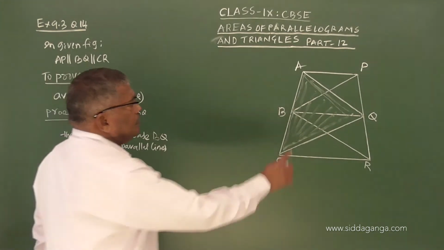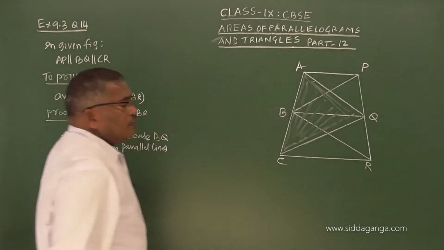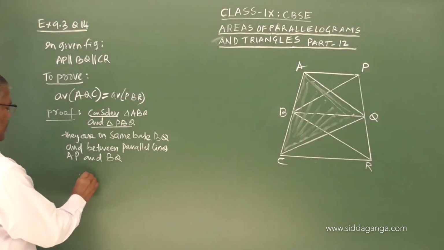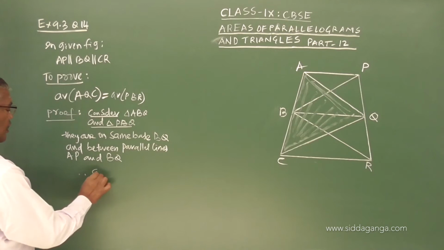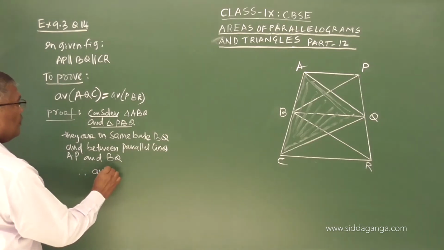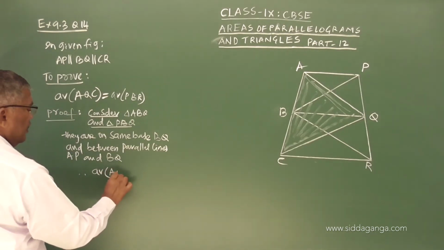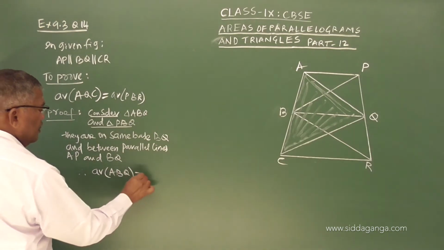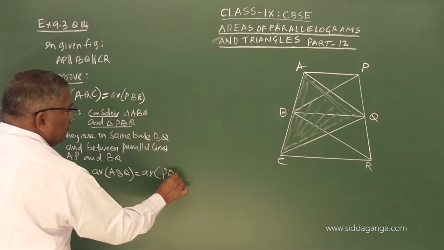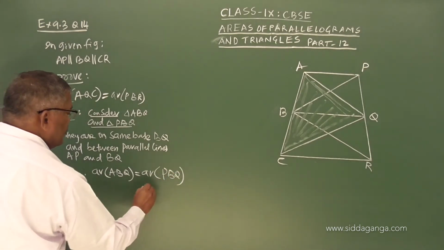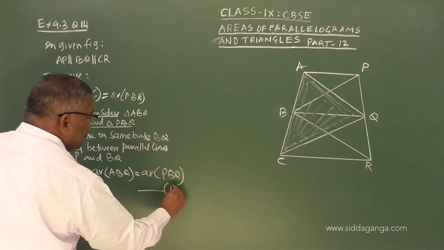So therefore, these two triangles are equal. Therefore, area ABQ equals area PBQ. You can call this equation 1.